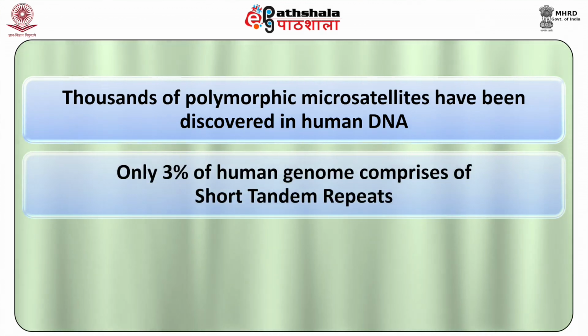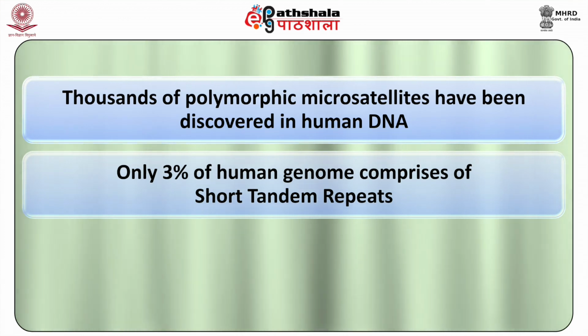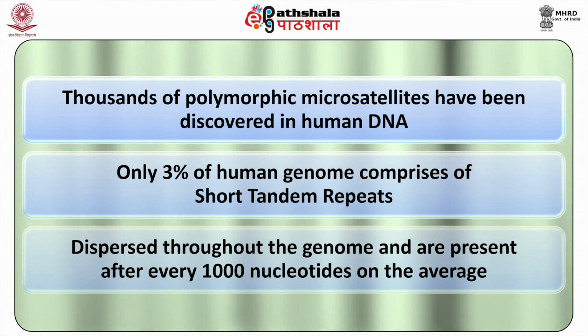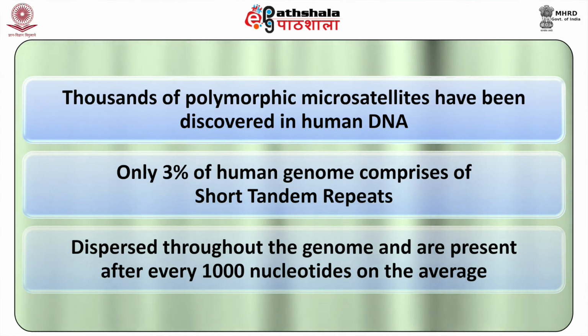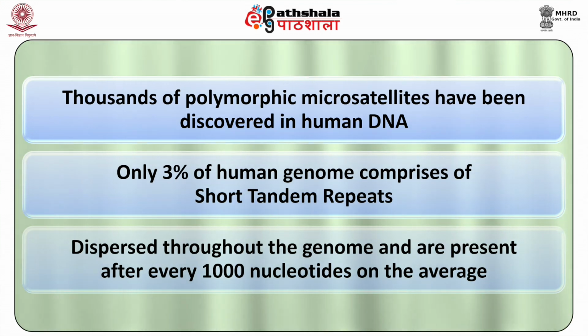Only 3% of the human genome comprises short tandem repeats, or STRs. These are dispersed throughout the genome and are present after every 1000 nucleotides on average.